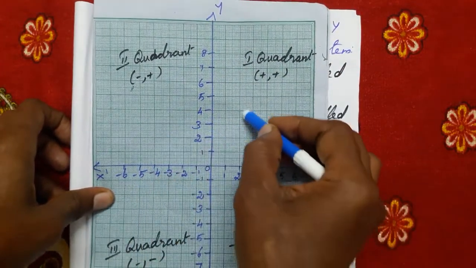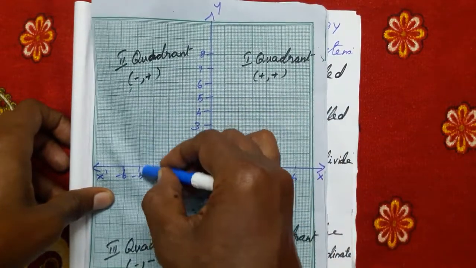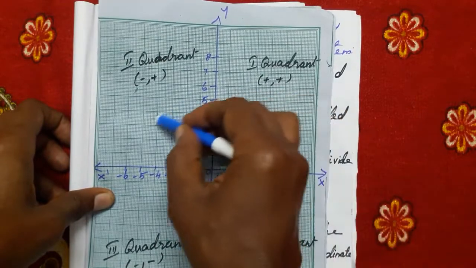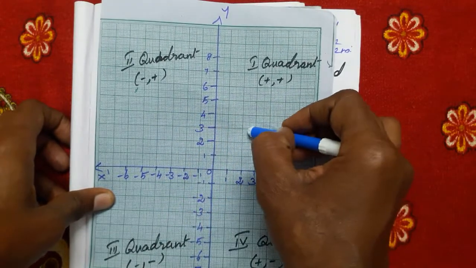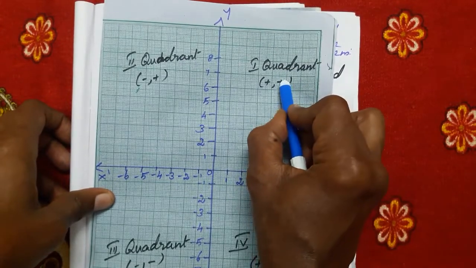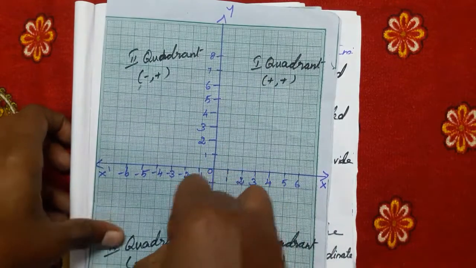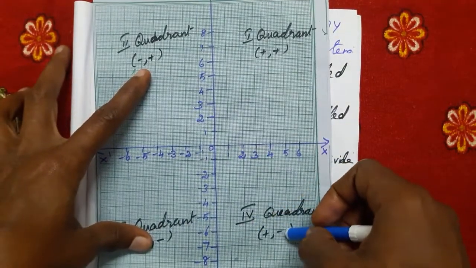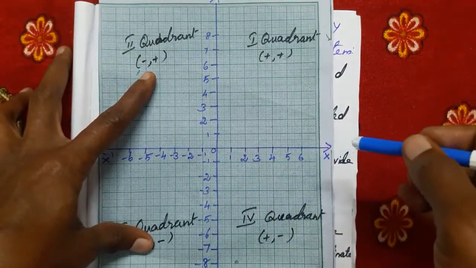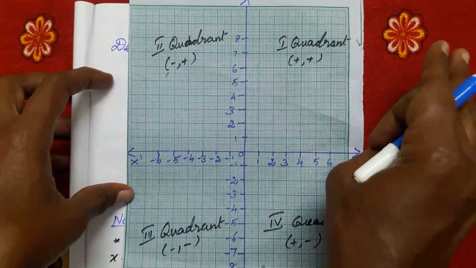But counterclockwise means the opposite direction of clockwise. So first this one is the first quadrant. Next here, second quadrant. Next this one, third quadrant. Next this one is the fourth quadrant. So the x-axis and y-axis divide the plane into 4 regions.